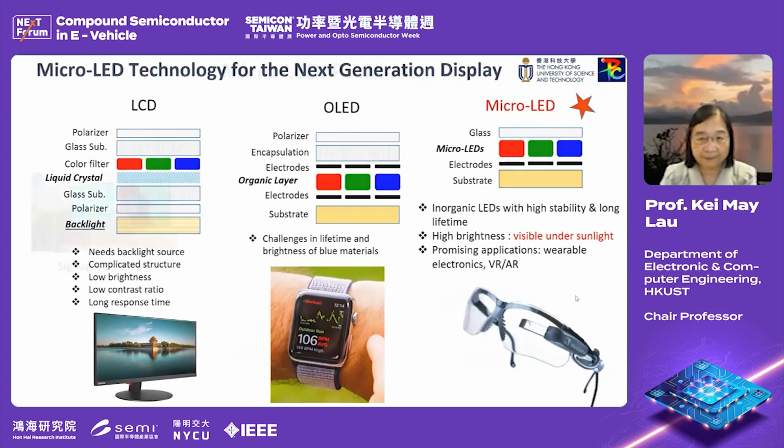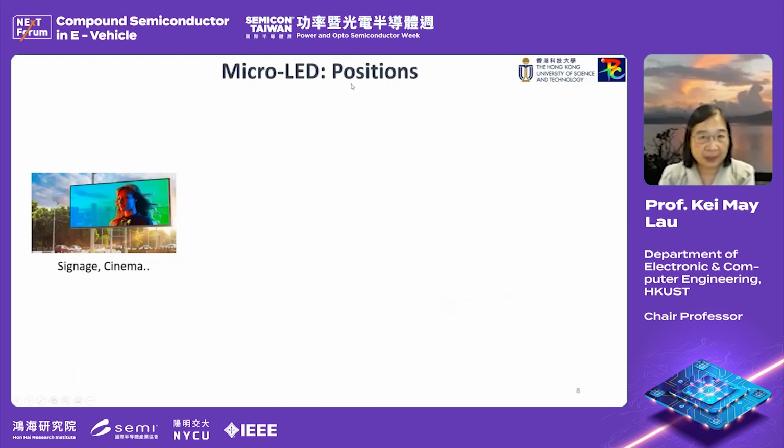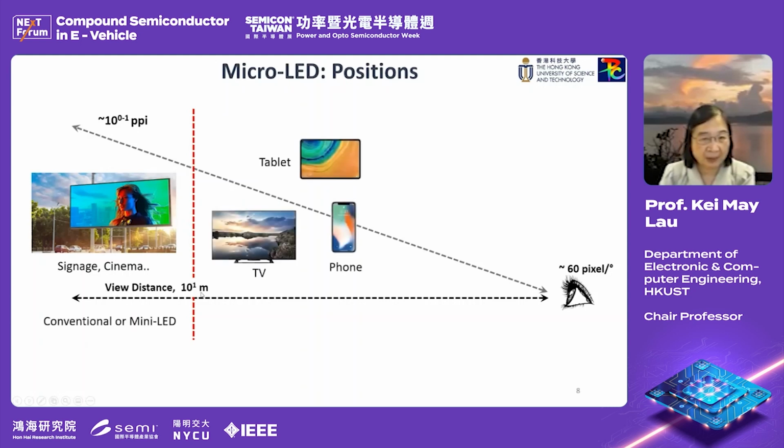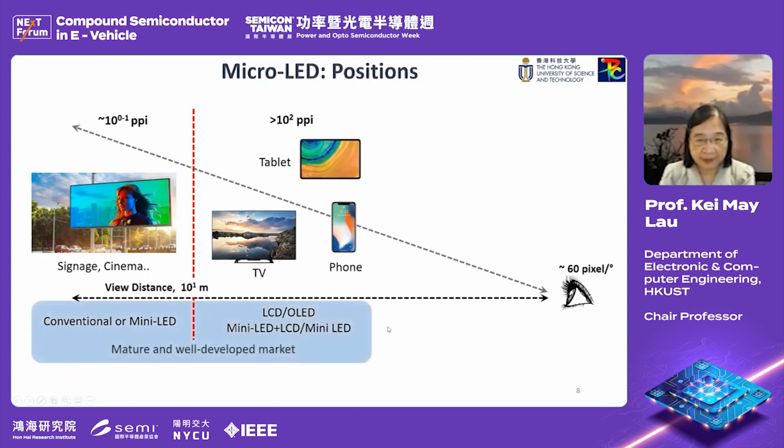brightness for AR. So where is micro LED positioned? For very far away, larger screens, you need a pixel per inch of around 60, or even 0 to 1 pixel per inch, and the view distance is 10 meters. Or for direct view TV and phone, you can use LCD, mini LED, plus LCD.